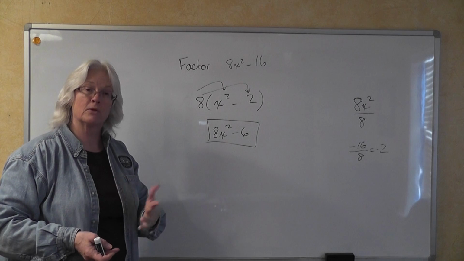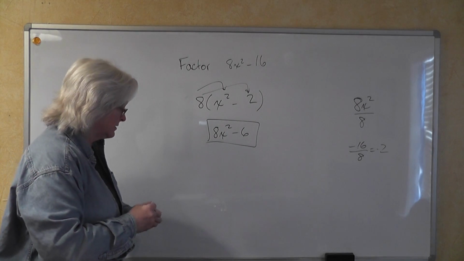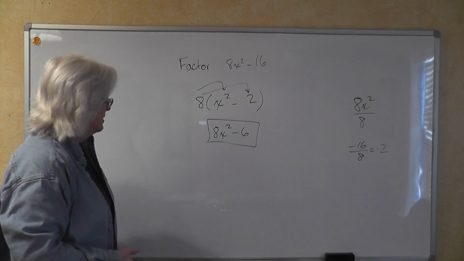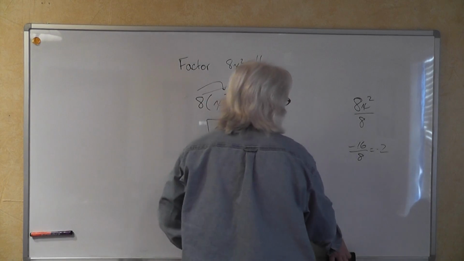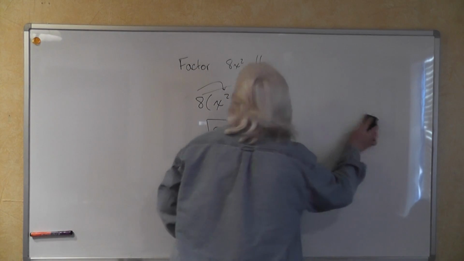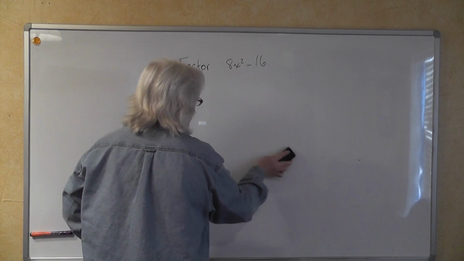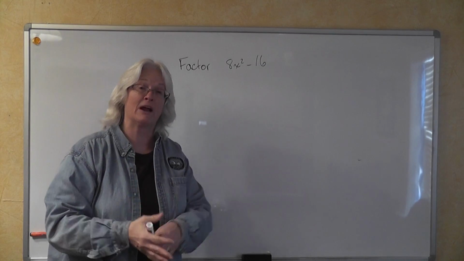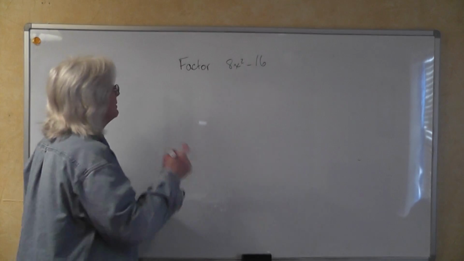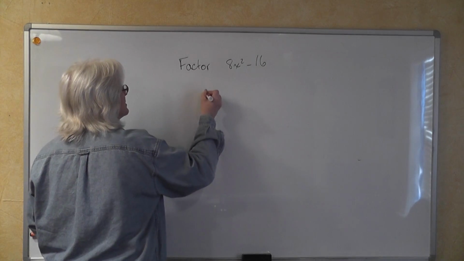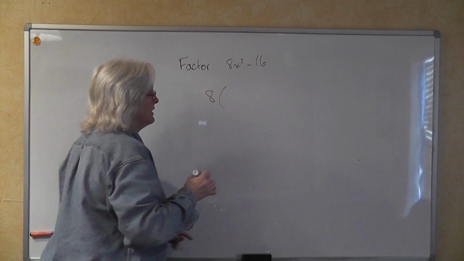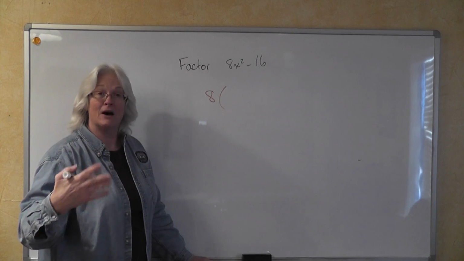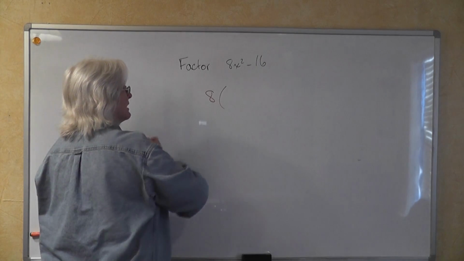Now I said there's another way that you can think when you do this. I believe your book sort of calls this reverse thinking. We'll just talk it out. What did we just show that our common monomial factor was? It was an 8. So we're going to factor an 8 out, and we think, 8 times what is going to give me x squared?